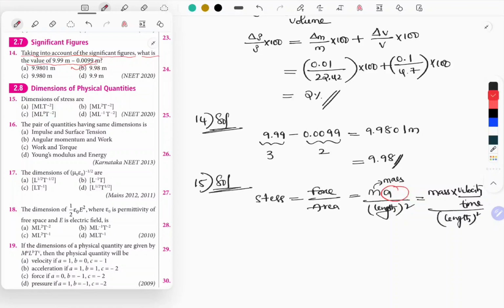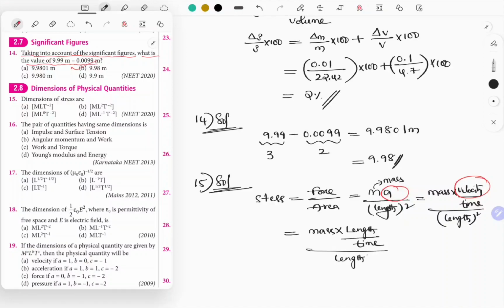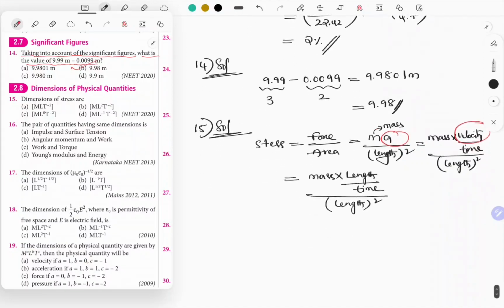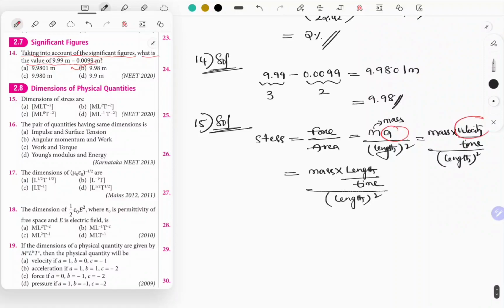Still velocity is not a fundamental physical quantity. We know that. Again we have to convert it into fundamental physical quantities. Let me write down that formula again. So finally mass into velocity is represented as length by time, divided by length square. Now this is completely converted into fundamental physical quantities. If we take that length into the numerator, it is going to become length power minus 2.